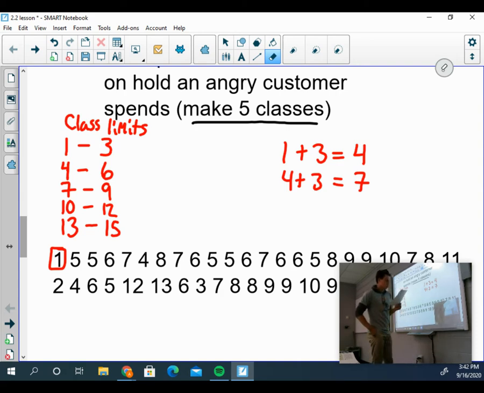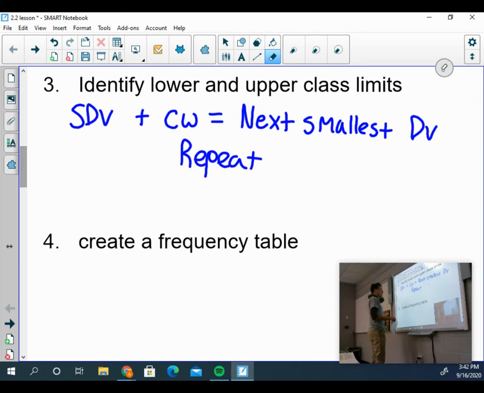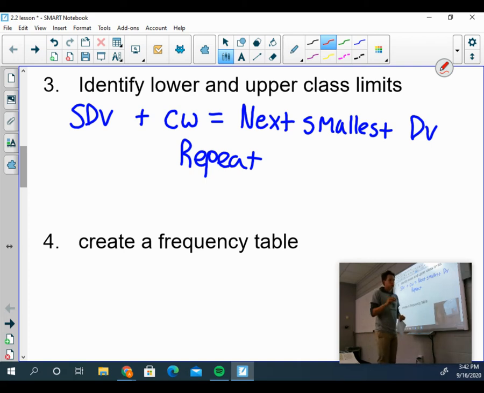Okay? So that's how we get our class limits. So where do we go from there? What's the next step? We talked about identifying the lower and upper class limits. Again, for the upper class limits, what we did there was we looked where the next class started, and then we stopped at the one before.